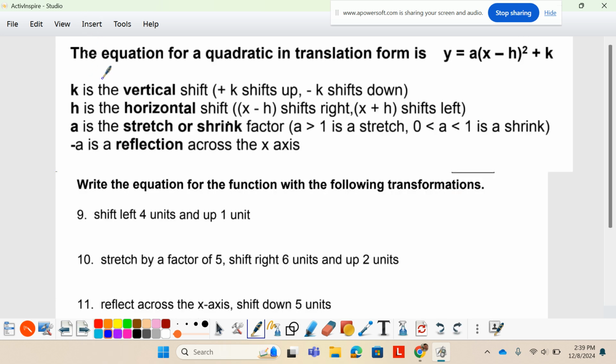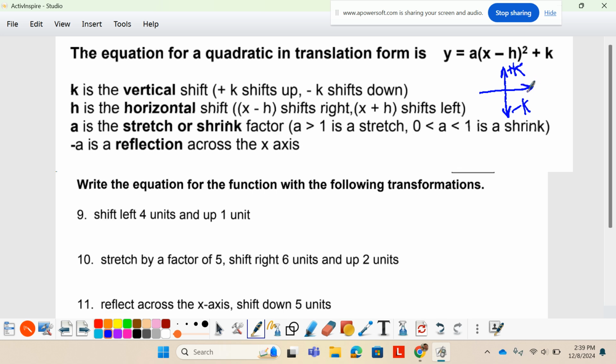Okay, so here's our little layout of what everything does. I like to think of it as a kind of game controller setup. If I do plus k, that moves it up, which means minus k is going to move it down.